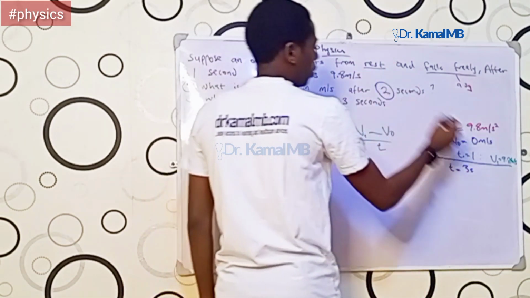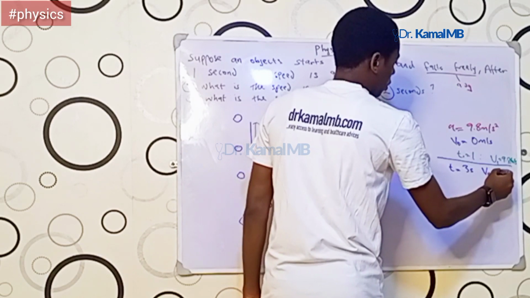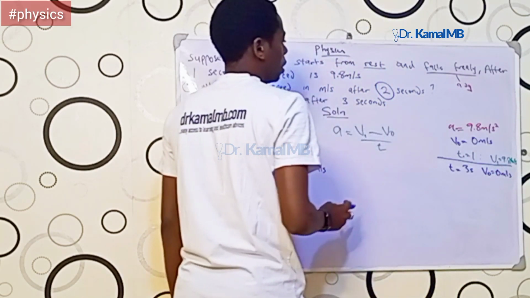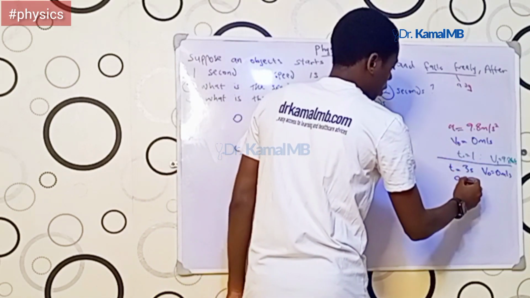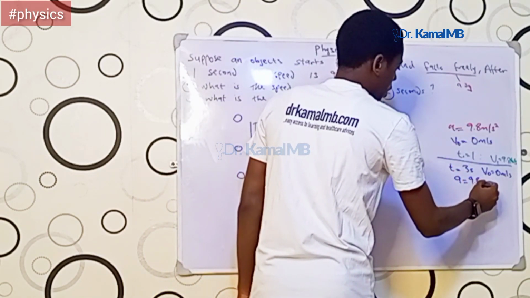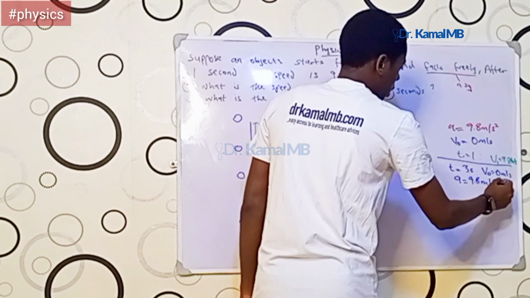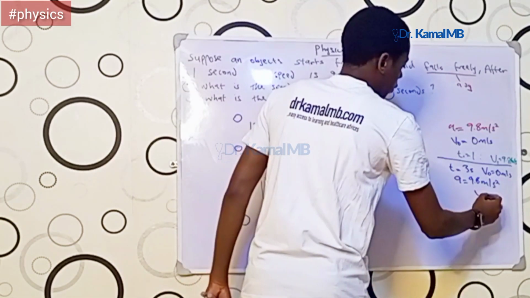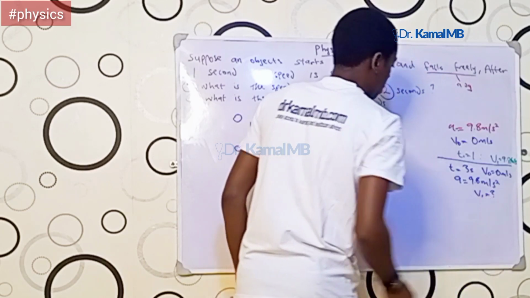The same from resting, v0 will be equal to 0 meters per second, and then acceleration is constant. A is equal to 9.8 meters per second square, and it is v1 that we are going to find. v1 is equal to question mark.